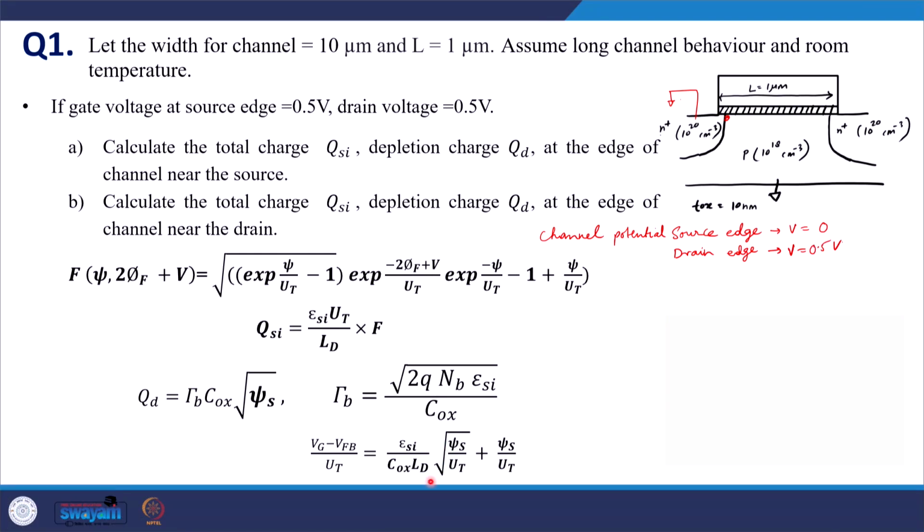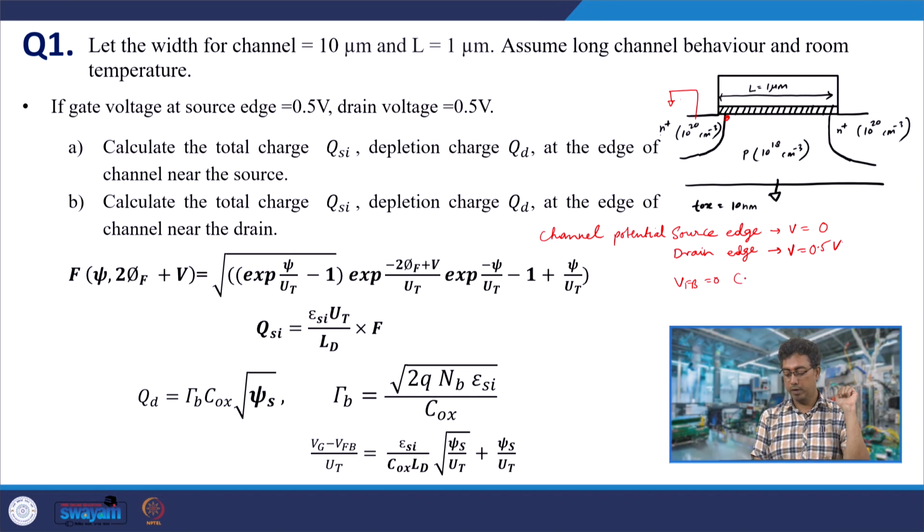And how do you calculate the surface potential? Using this. And what is the value of VFB? Here you can take VFB to be 0, because we have not discussed any VFB here. So, you get the value of surface potential using this expression.